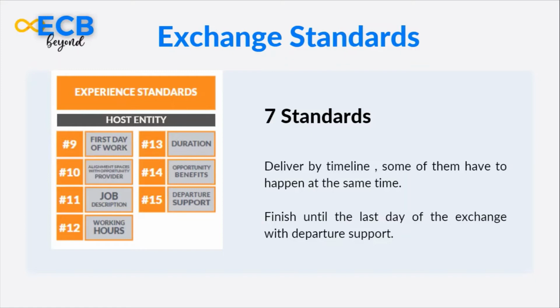You have to make sure that the working hours are agreed on, that the duration is agreed on and respected, the opportunity benefits that the EP will have, and you also have to help them with departure support. As I mentioned, these standards cover from the first day of work until the last day of the exchange, when you help them with the departure support.